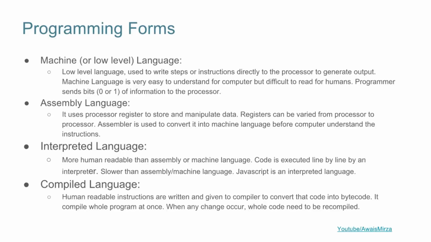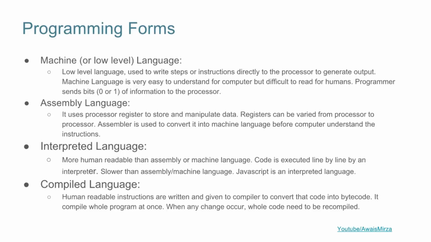Code is executed line by line, and we can stop the code in between execution as well, and check out the value of any particular variable, which I'll be talking about later in this video. It is actually slower than assembly or machine language, but nowadays our computers are very fast, so it doesn't matter how slow it is.